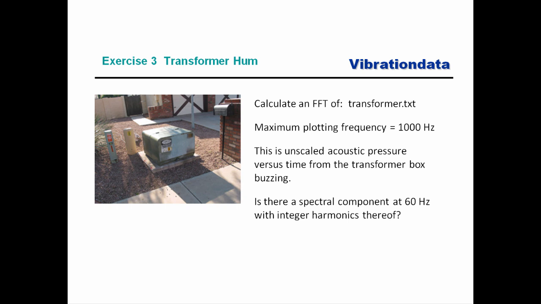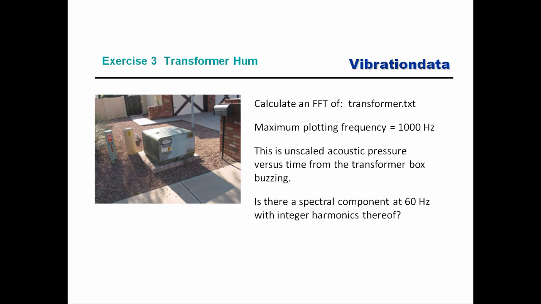Well, it turns out these things, if you ever walk by one of these at night, maybe it's a quiet night, it's late at night, and there's no traffic noise, there's no dogs barking, you'll hear a buzzing sound. And we're going to look at an audio recording of a buzzing sound. And what we want to find out is what kind of spectral components are contained in that data.